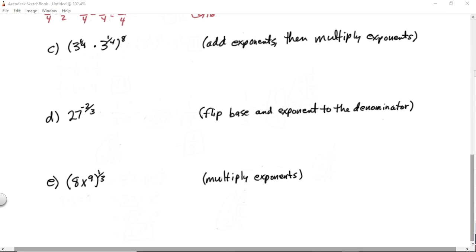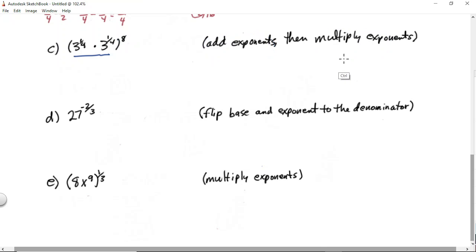So we have a product here, right? It's a multiplication. And since it's multiplication, we add the exponents. But then we're going to raise that to a power. So when we raise it to a power, we will multiply exponents.